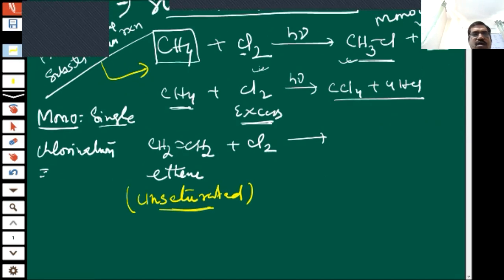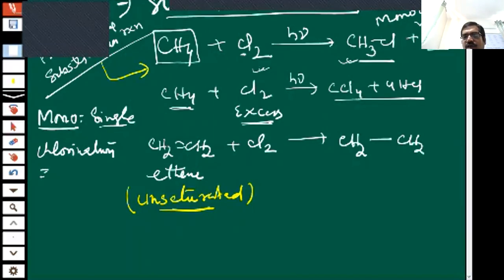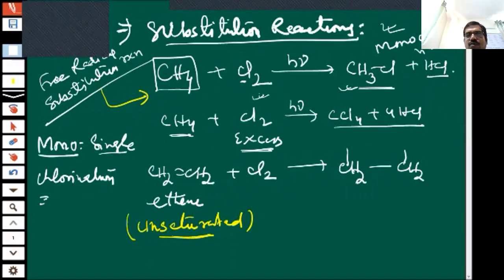So actually here addition reaction will take place, children. The CH2 and CH2 bond will break. What will be the process of breaking, everything we will discuss in organic chemistry. But this Cl will be attached. One Cl will attach here, one Cl will attach here.